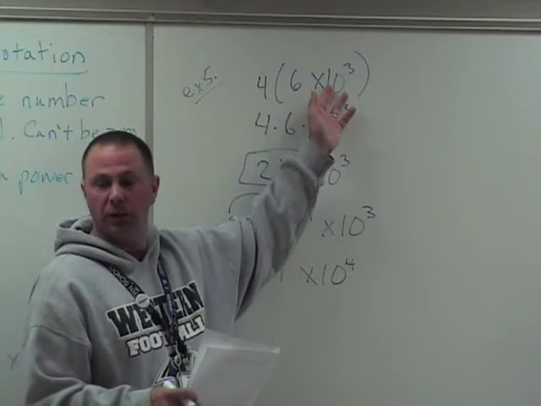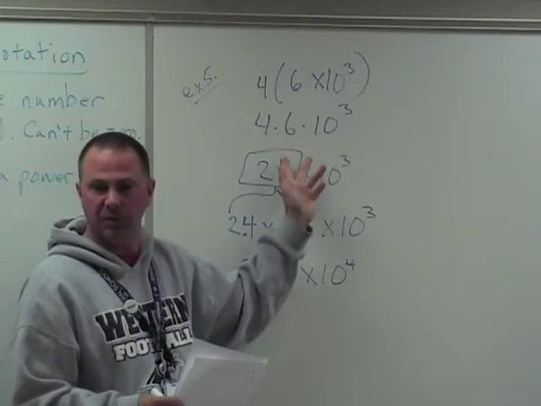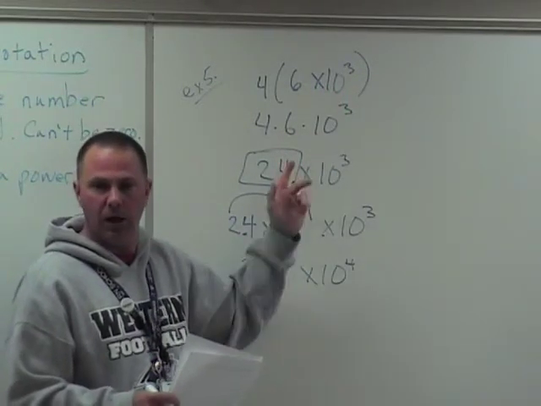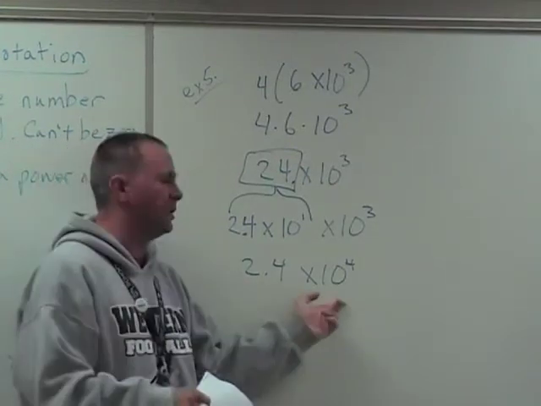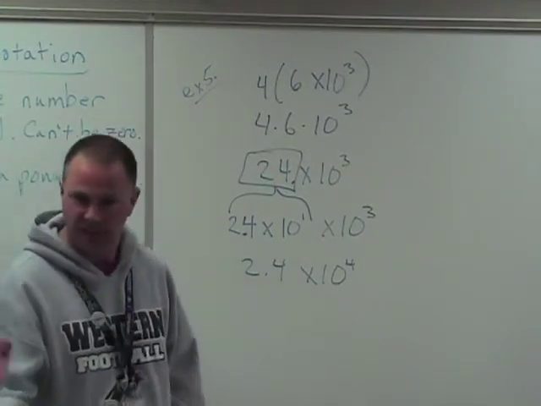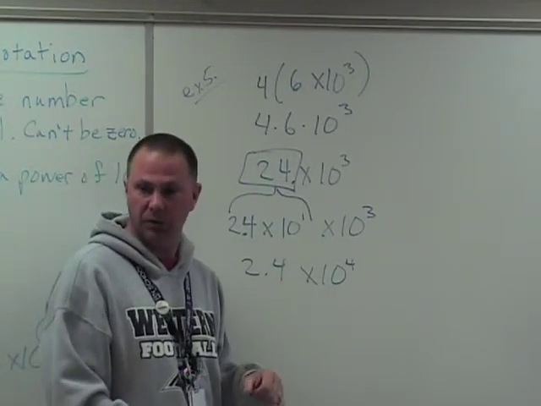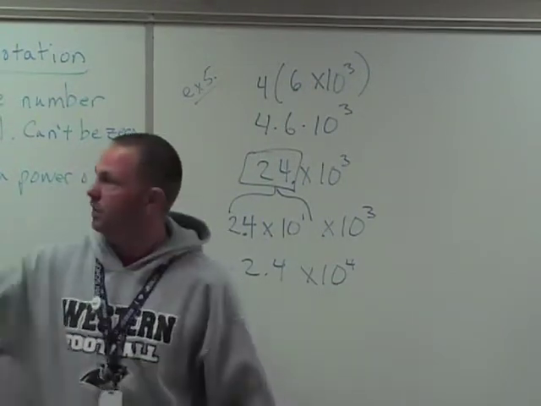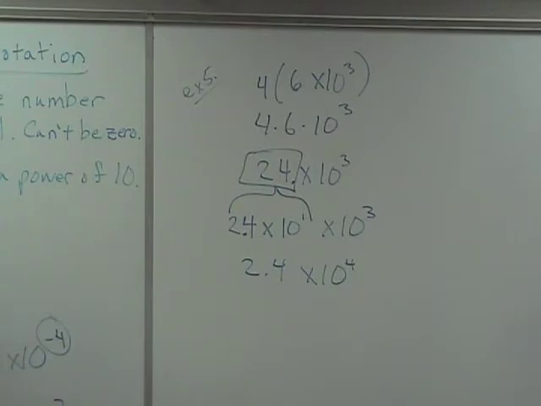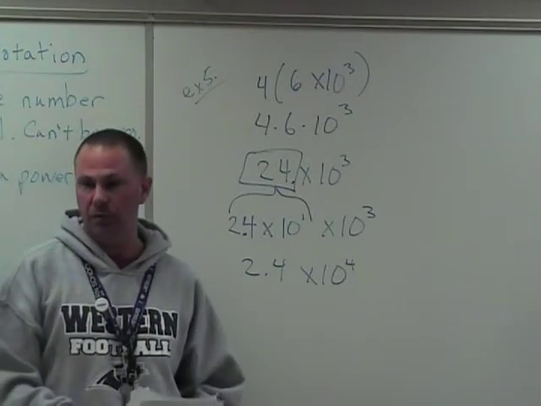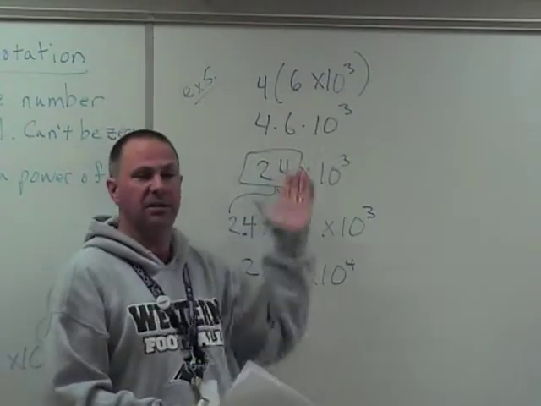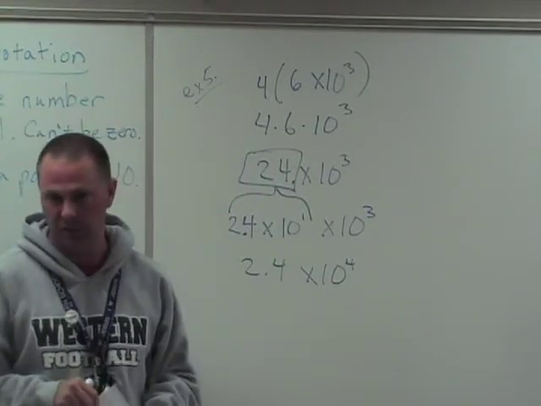What we're doing is we're learning how to manipulate the decimal position. I'm not asking you what 2.4 times 10 to the 4th is, because if I did, you would actually do 10 to the 4th first, and then multiply by 2.4. If you did that, you'd be giving me standard form. I'm not asking you to give me standard form. I'm asking you to manipulate this in a way that this is in scientific notation.